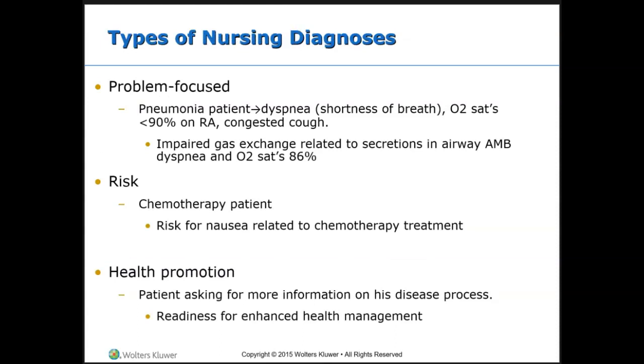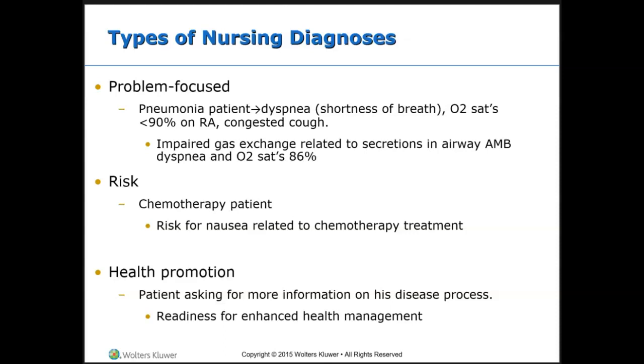So here are the different types of nursing diagnoses. For a problem-focused nursing diagnosis, for example, for a pneumonia patient who is dyspneic or has shortness of breath, their SpO2 or oxygen saturation is less than 90% on room air, and you can hear a congested cough.